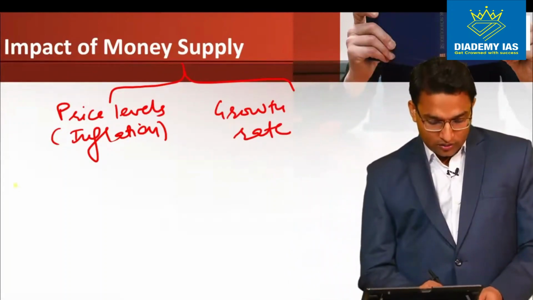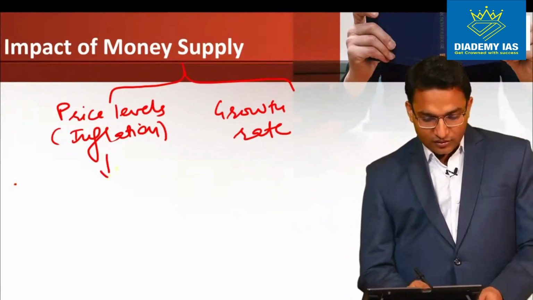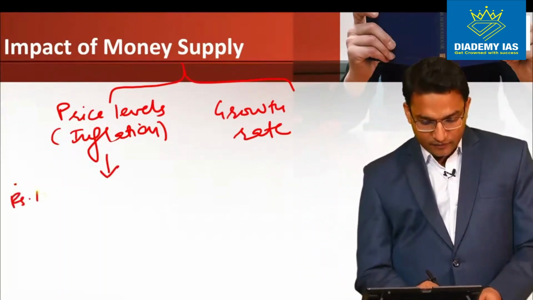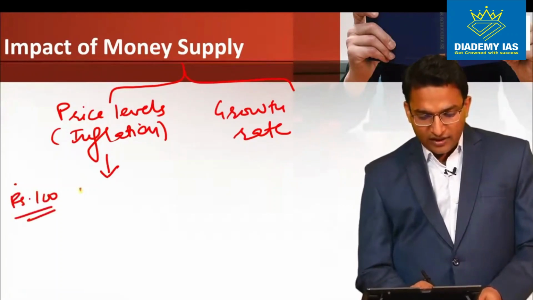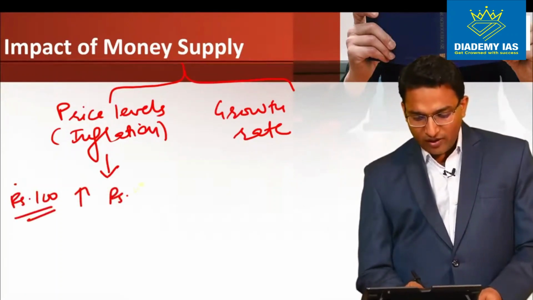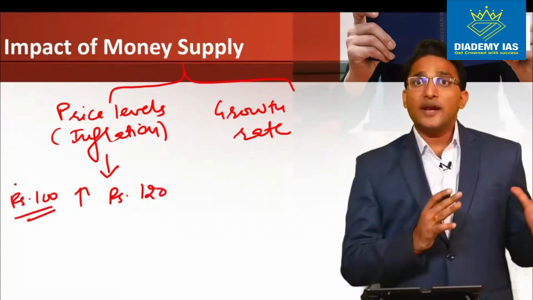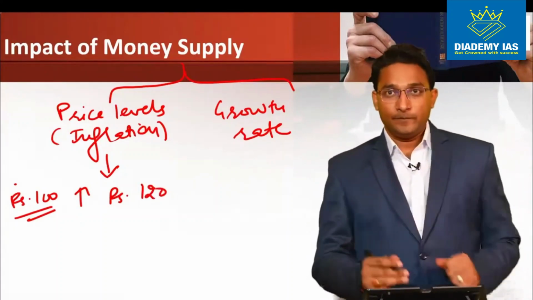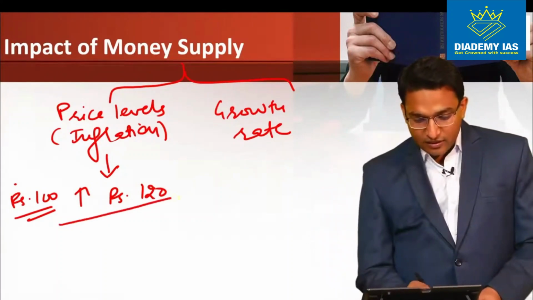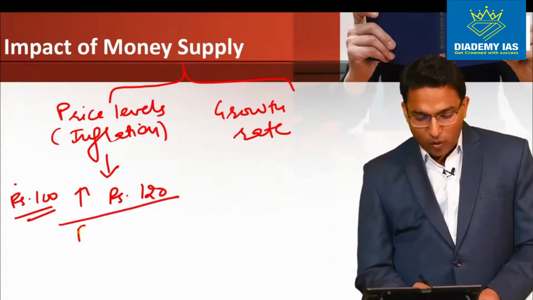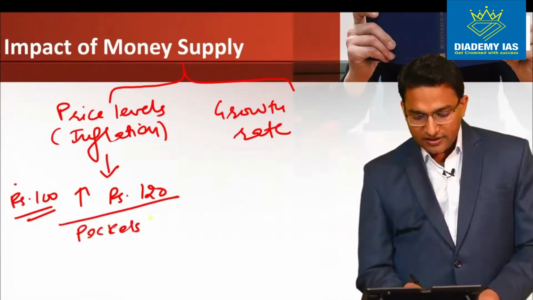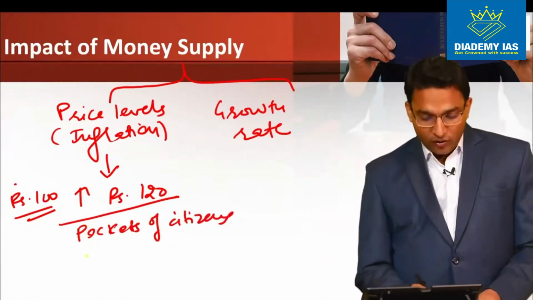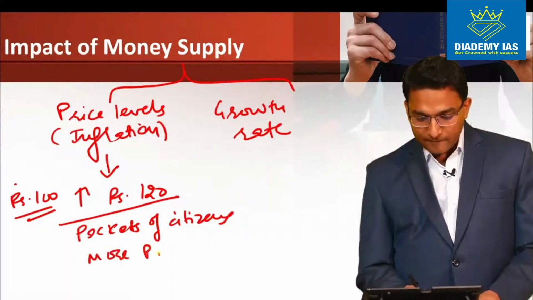First of all, regarding inflation, for example, the money supply is rupees 100. Now we increase this money supply to rupees 120. So money supply is increased from rupees 100 to rupees 120. That means more money will be getting into the pockets of citizens. That means they will have more purchasing power.